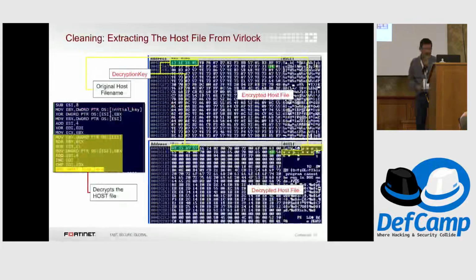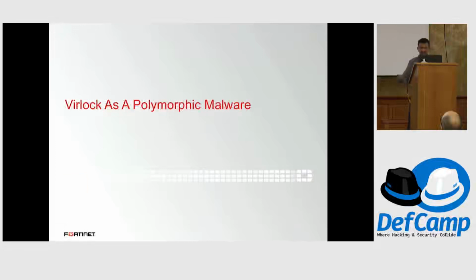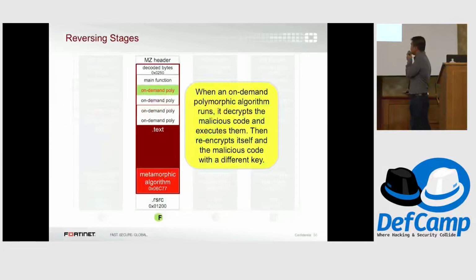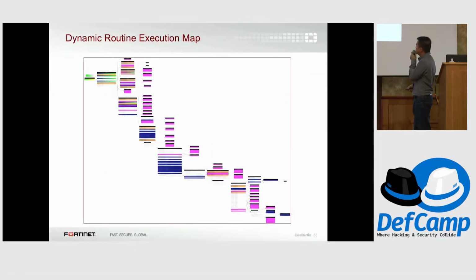Question? Am I too fast? There's still more. Okay, Virlock is a polymorphic malware. You've seen earlier on this stage, it is decrypting the first block of code, and then it encrypts it back, and then you will see something like this.